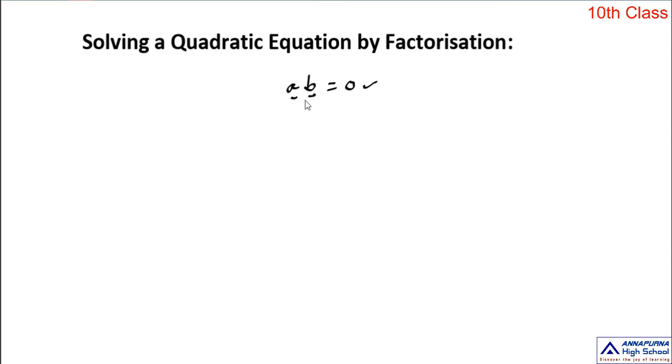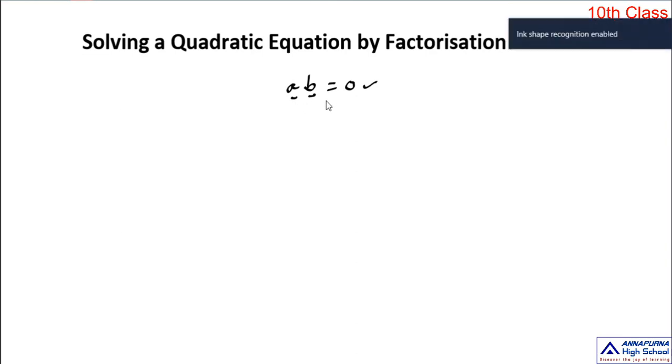If a into b is equal to 0, then can you say anything about a and b? Here a, b are any two real numbers. Just pause the video, think, and continue.